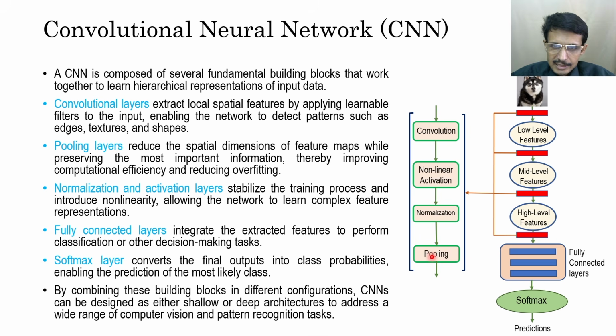Next is the pooling layer, which is the most important. The pooling layer reduces the spatial dimension of the feature maps while preserving the most important information, thereby improving the computational efficiency and reducing uncertainty. Now, the one question you have to understand. Convolution layers are used to find out if certain features are present or not. But we require the more dominating features.